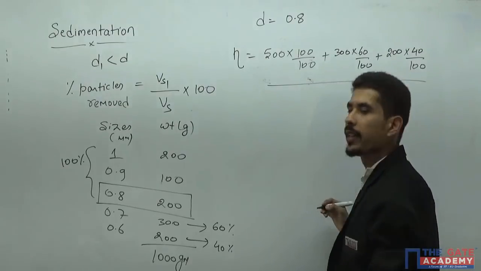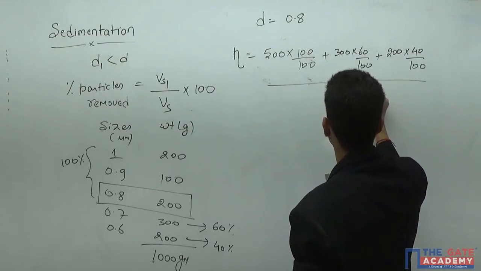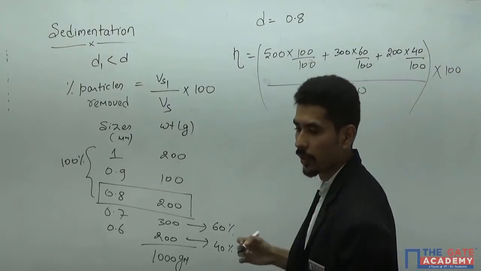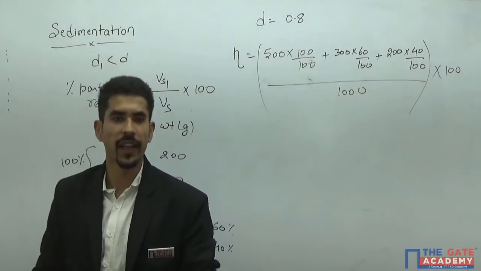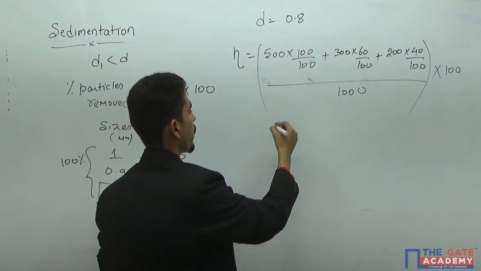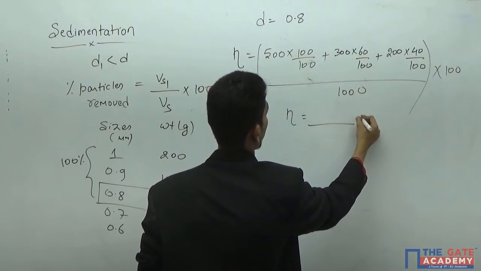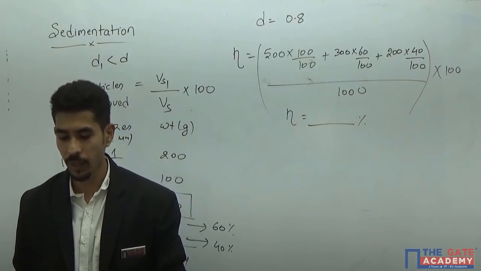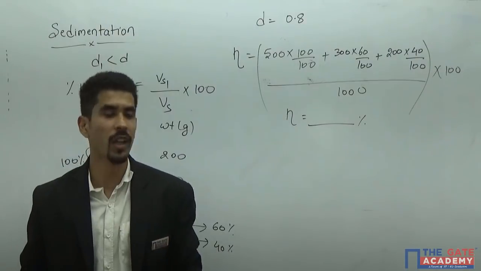The total quantity is 1000 grams, into 100. This expression will give you the total efficiency. There will be some value. It will give you the total efficiency in percentage. Right. This is one method.